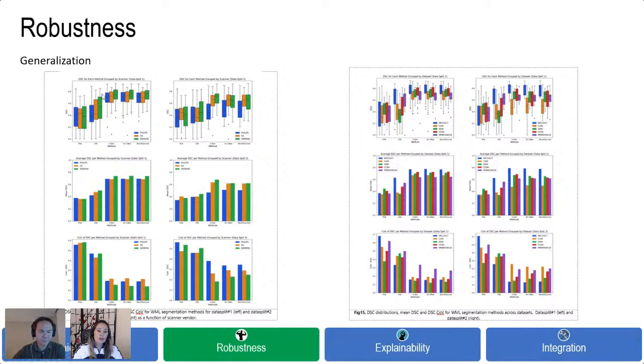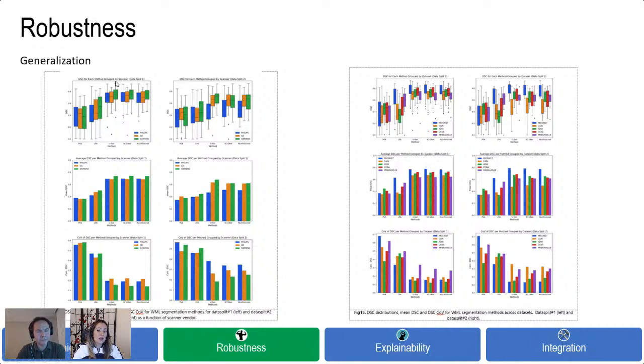We've looked at several different methods, and we looked at the performance as a function of scanner. We statistically tested for different methods whether the performance is the same across these scanners. For many of the latest and greatest tools, the performance is found to be significantly different between scanning devices.